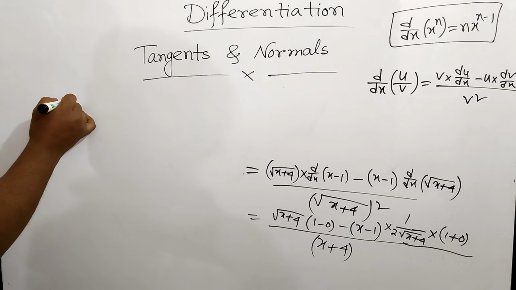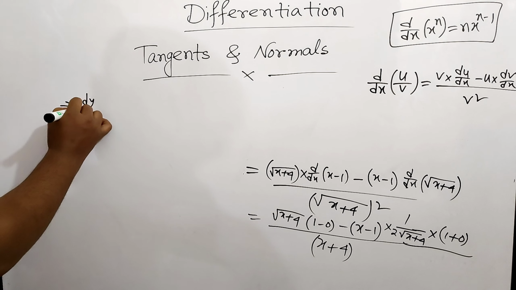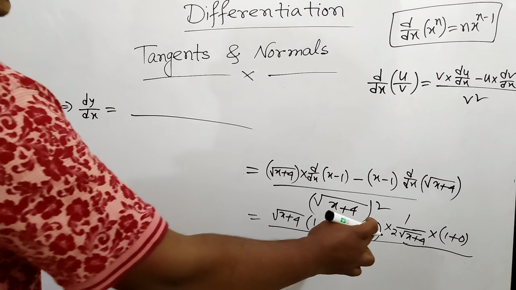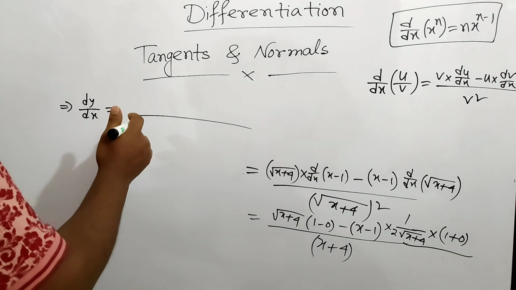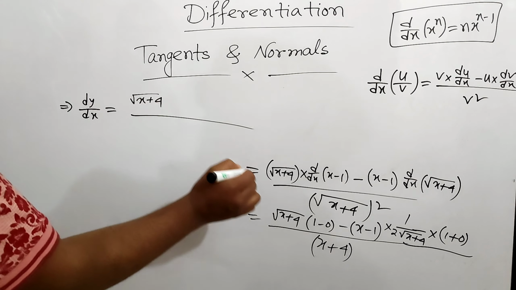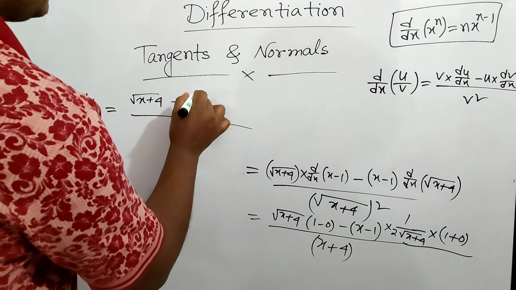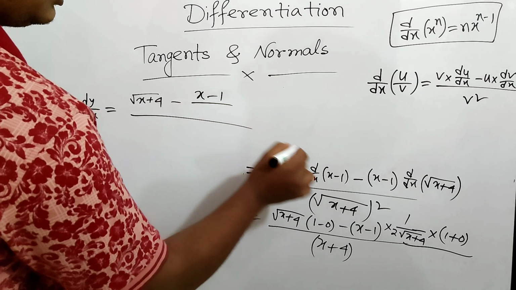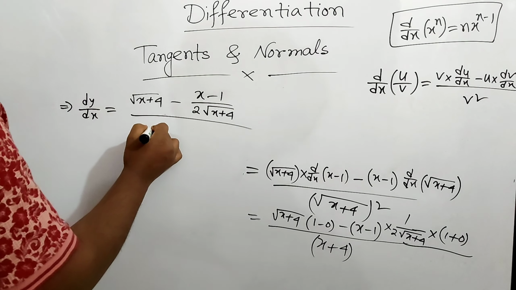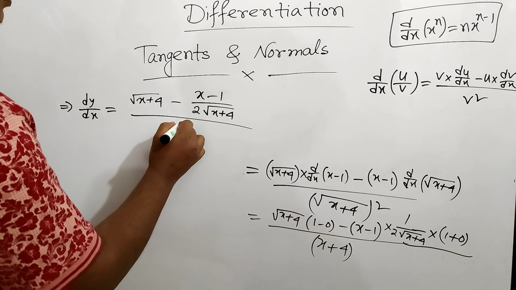So now we can write dy over dx equal, multiplying this, root over x plus 4, so here negative x negative 1 over 2 root over x plus 4, and the denominator should be x plus 4.